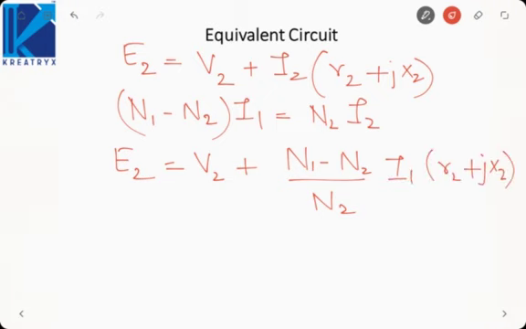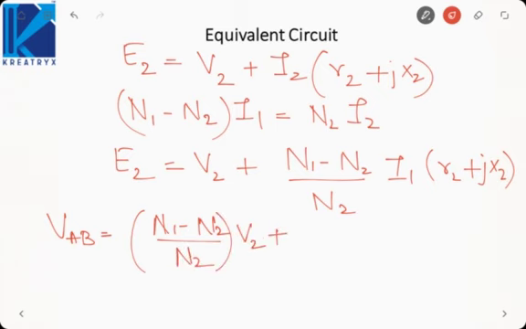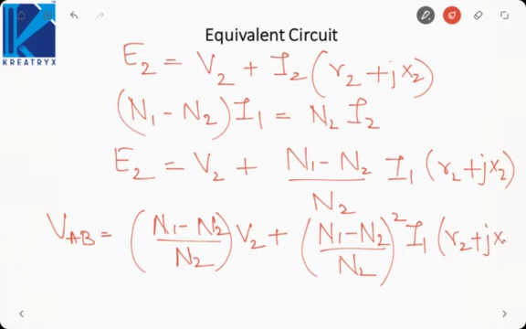Now if we substitute this E2 in VAB, VAB is N1 minus N2 by N2 into V2 plus N1 minus N2 by N2 square into I1 into R2 plus jX2, plus R1 plus jX1 into I1.